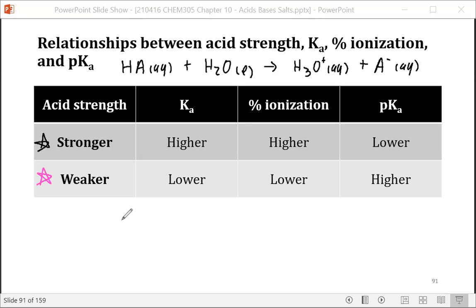For weaker acids, the lower the Ka, the weaker the acid, which means you have a lower percent ionization, less of this acid is going to ionize, which means you're going to generate less of each of these products, which means that when you take the negative log of this low Ka, you're going to have a higher pKa value.